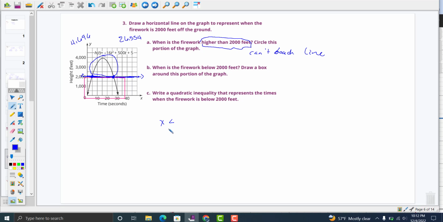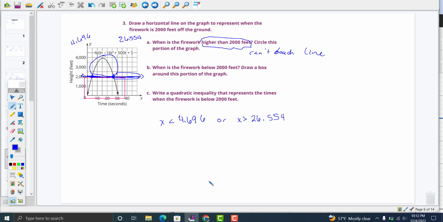So it's not less than or equal to, it's just less than 4.696. Or when x is greater than 26.554.